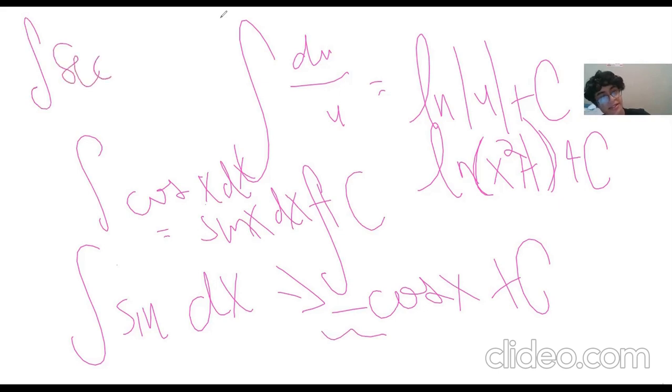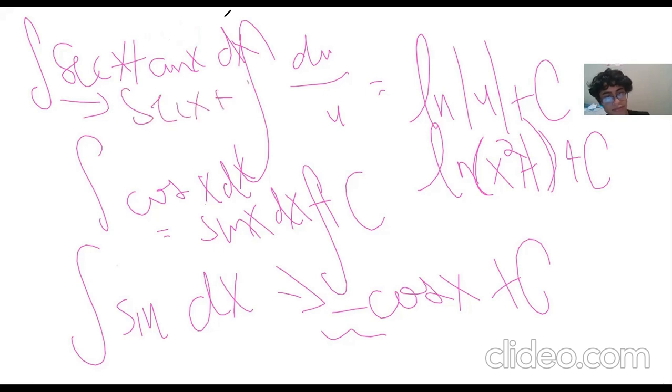Secant x dx. This one is simply, oh, sorry. You can't do this one yet. This is the one we're getting to soon. Secant x tan x is a derivative that we've seen before, because it is the derivative of secant x.